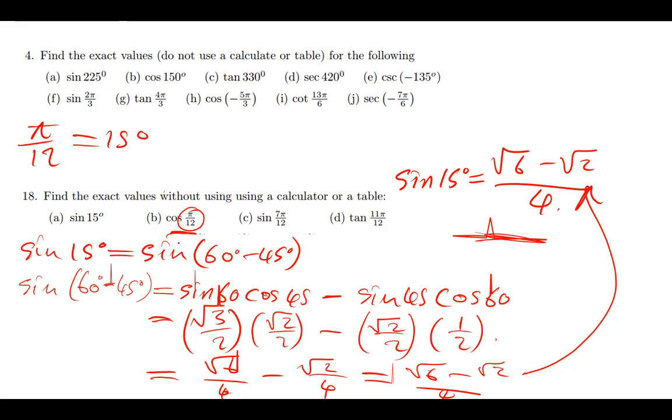So cos pi over 12 is simply the same as cos 15 degrees. So you find two special angles that you are going to add or subtract to get 15 degrees. You can use the same ones that we used here. This is cos 60 minus 45.